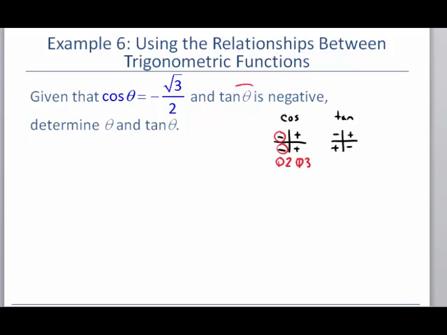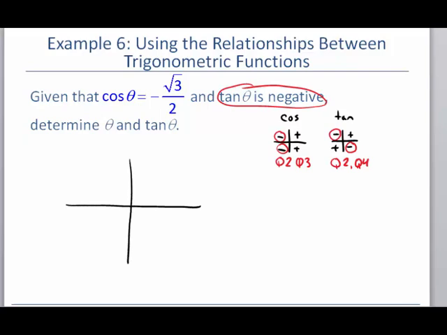We also know that tangent is negative, which also happens in quadrant 2 and in quadrant 4. When you draw your triangle to work your problem, you need to put it in a quadrant that meets both conditions. And since quadrant 2 is listed for both the cosine and the tangent, that is where we will place our triangle. So let's begin with that picture of that triangle. I'm going to draw an angle in quadrant 2.